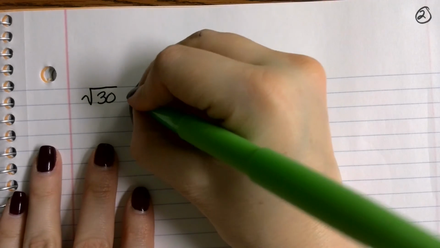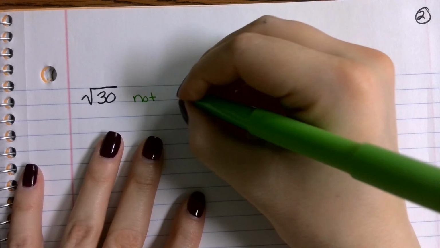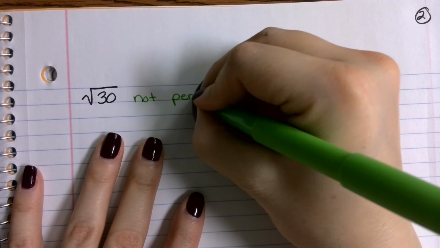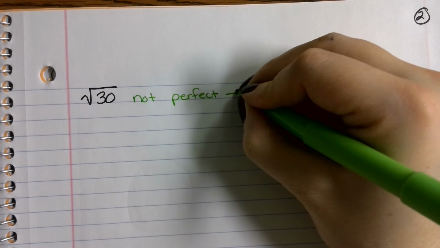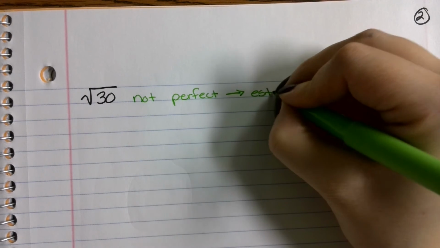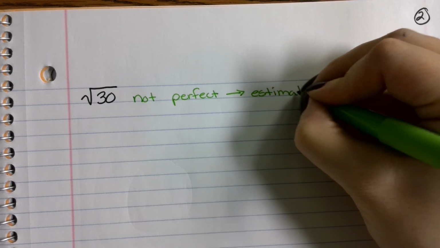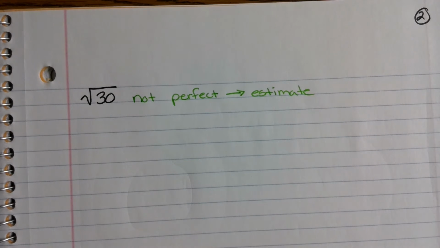No. This is not considered to be a perfect square. So instead, what we can do right now is we're just going to estimate it. Now, there's 2 ways you can estimate it.